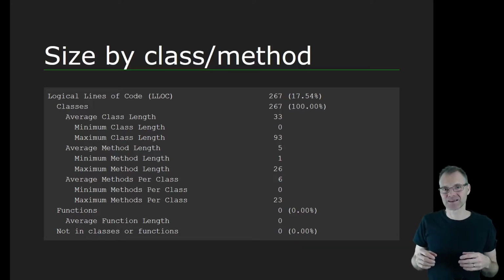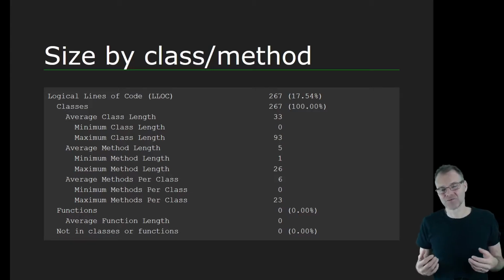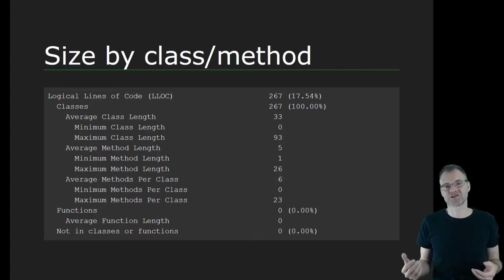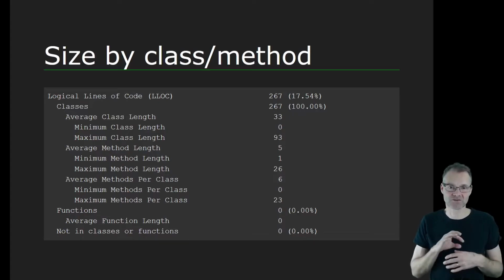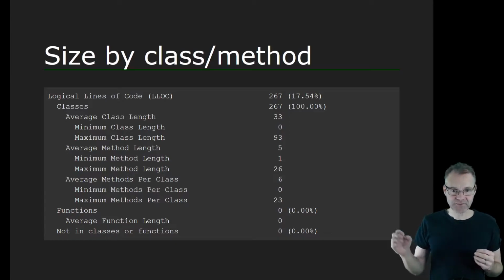I would say try to go with methods that are not more than 10 lines of code. And if you have more than 10 lines of code, consider if you can refactor your code and write it out in more methods, so each method is smaller.